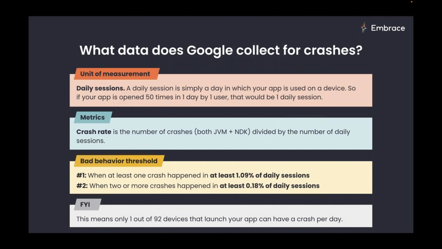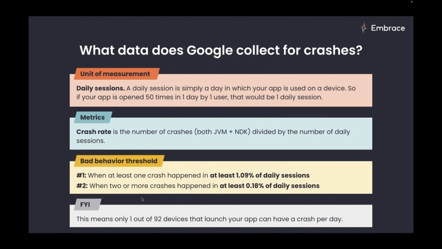And just to recap, the fact that a daily session is effectively just any time that a user opened your app on a particular device in one day means it's really strict. Only 1 out of 92 devices that launch your app can have a crash per day, and that's even stricter for the other threshold.